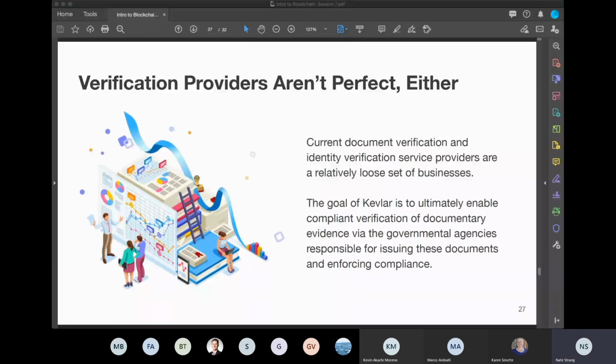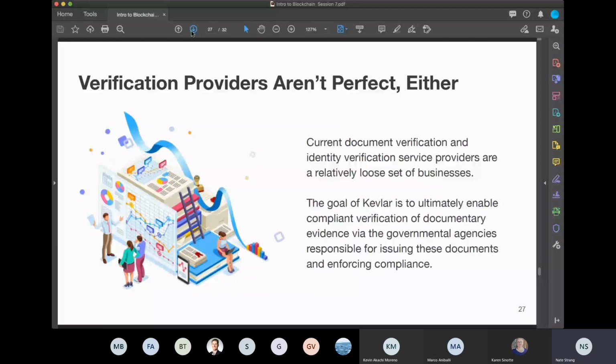So ultimately, integrating with these agencies and digitizing identity documents is where we want to get to with verified identity within Kevlar. So let's look at an example of how a government agency or a regulatory agency might participate as an entity within Kevlar.